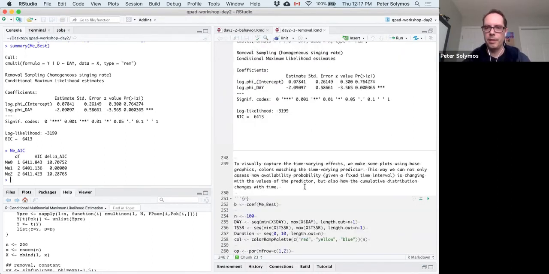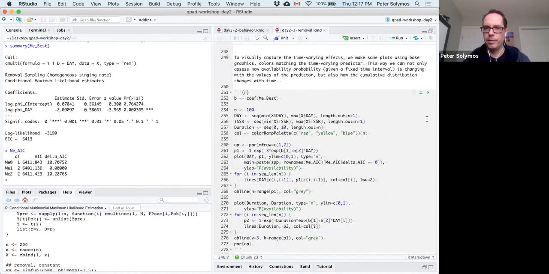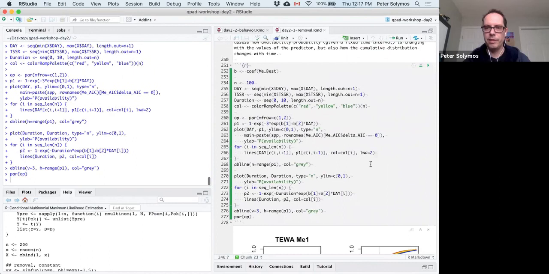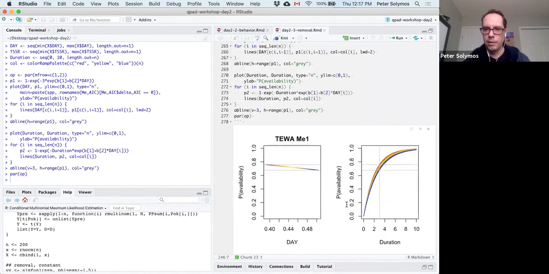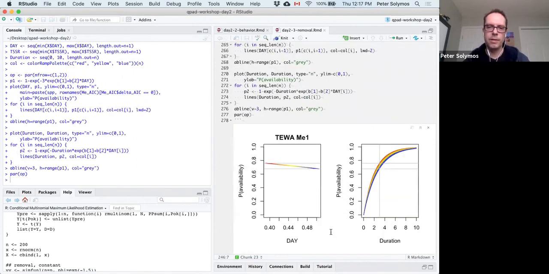And this is just some code to visualize how phi varies with day. So you can see here now, probability of availability is calculated based on phi.